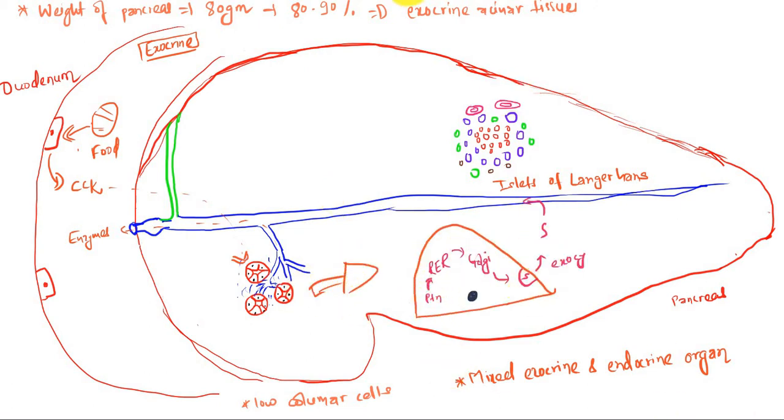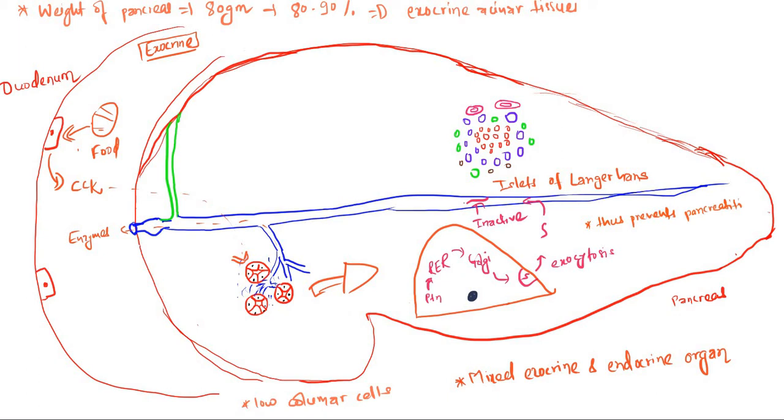The enzymes and proteins undergo a sequence of events through the rough endoplasmic reticulum and Golgi apparatus, and ultimately exocytosis, and they come outside into the duct as inactive enzymes.